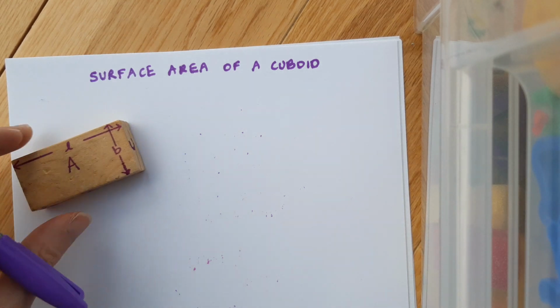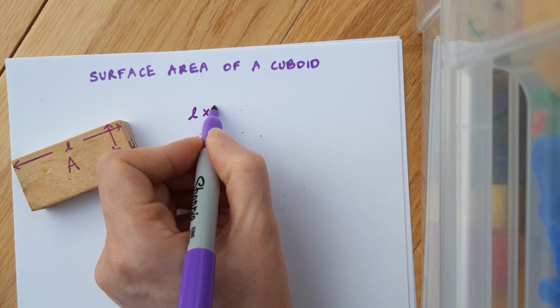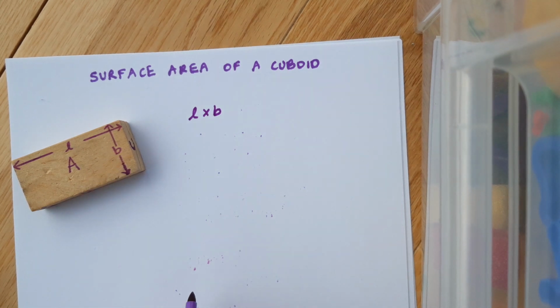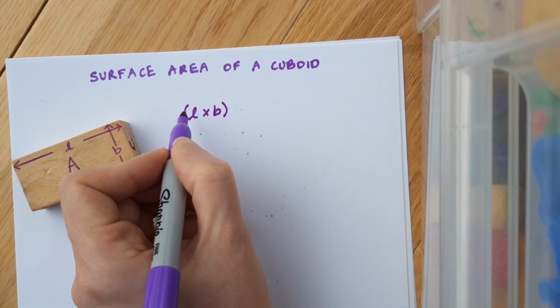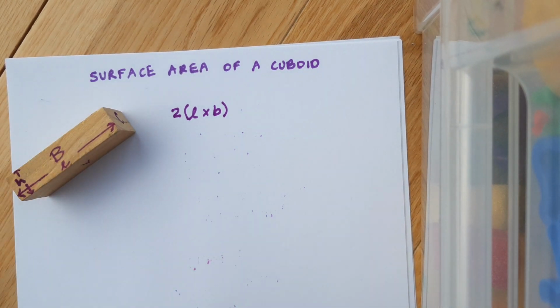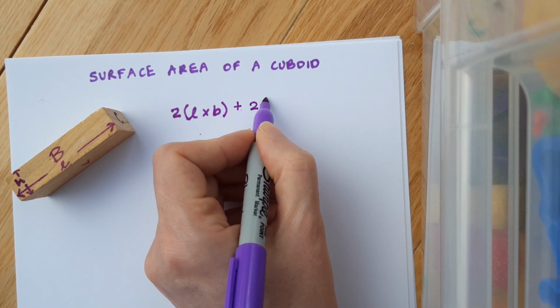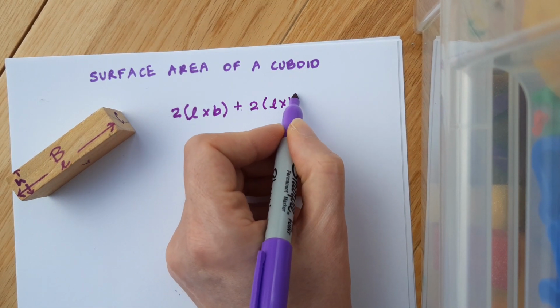So let's go back again and just keep track. I've got A, which is length by breadth, but I've got 2 lots of that. And I've got B, which is length by height, but again, I've got 2 lots of that.